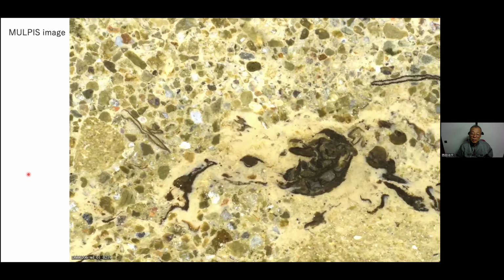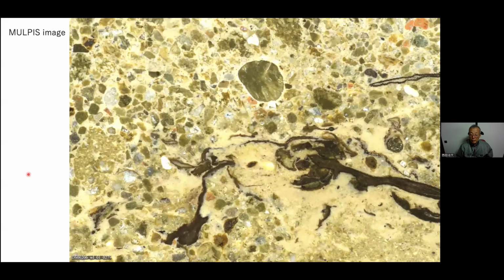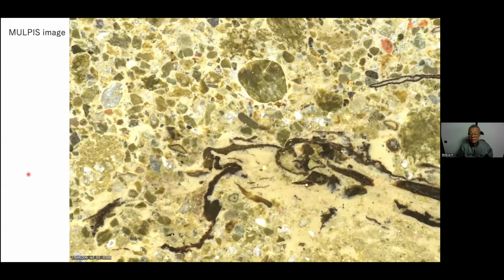So the image resolution is very high. So if you find the spores inside the sporangium, you can see the details of spores also. I do not see each spore this time, but you can see it.